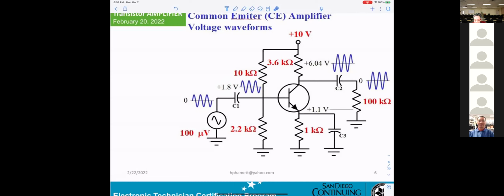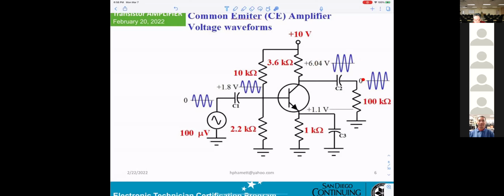Same thing happens at the collector here. Collector DC, you calculate 6.04. However, you also get a sine wave, a little bigger than the input here, opposite. However, compared to 6.04 volt, it's still very hard to see this signal. You must set your scope to AC coupling. When you go to the output here, you don't have the 6.04 volt.